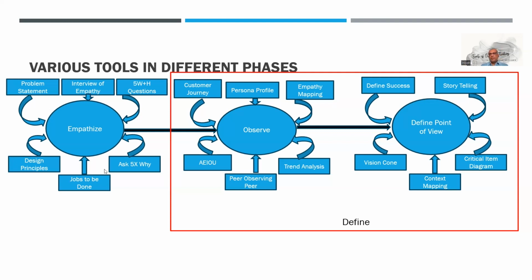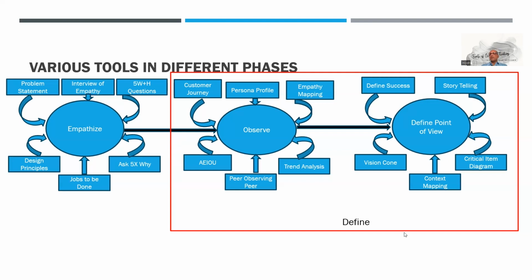Jobs to be done is again an empathetic way to know what actually the issue is. Design principles is again a kind of requirement gathering tool. Jobs to be done was covered in one of the podcasts we have done beforehand, wherein we discussed jobs to be done.